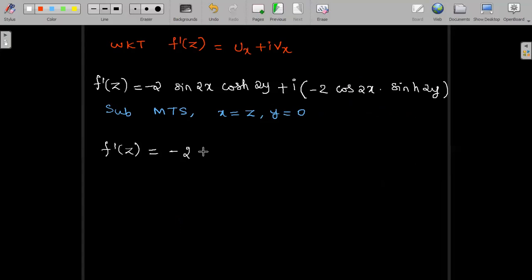So minus 2 sine 2z into cos hyperbolic 0, y is 0, minus 2i into cos 2z multiplied by sine hyperbolic 0. So we recall the standard values. Sine hyperbolic 0 is 0 and cos hyperbolic 0 is 1.